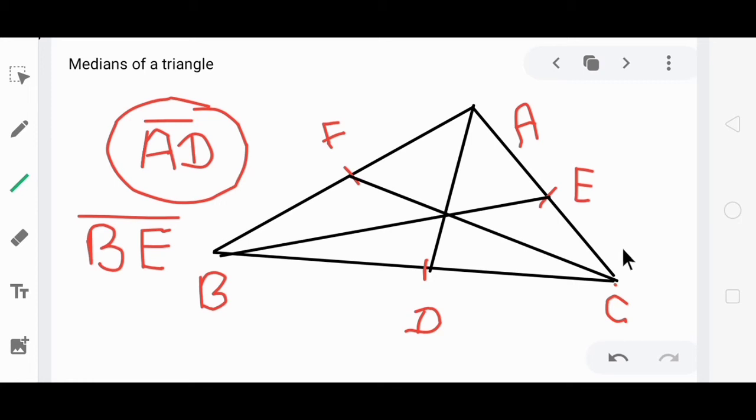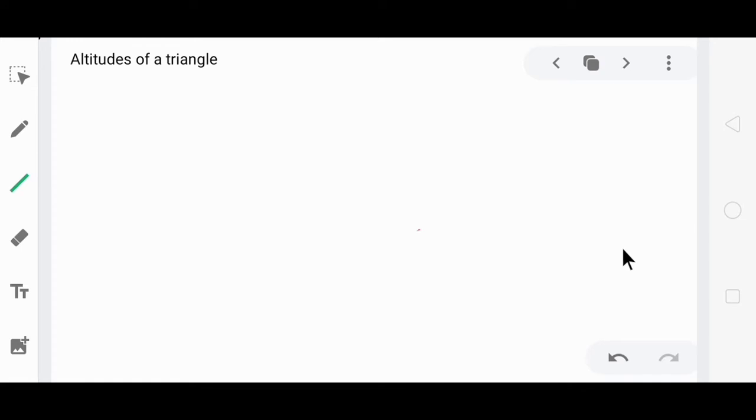Then we have the altitude of a triangle. What is that?